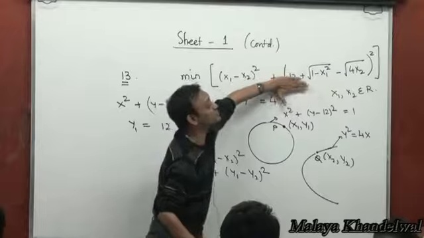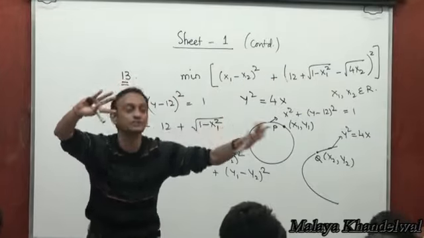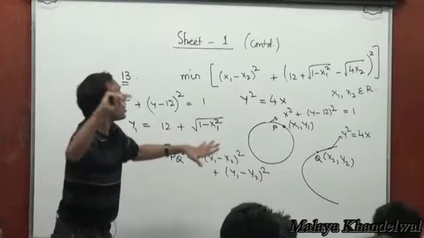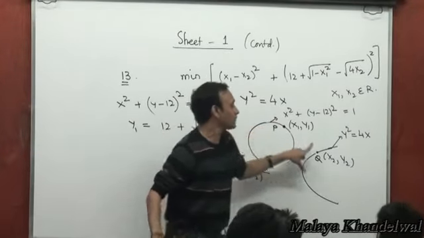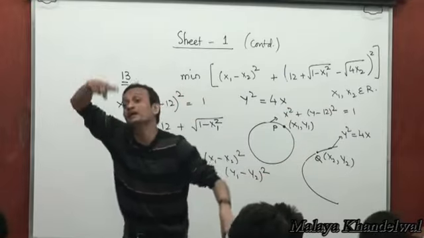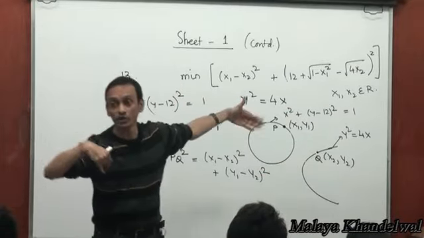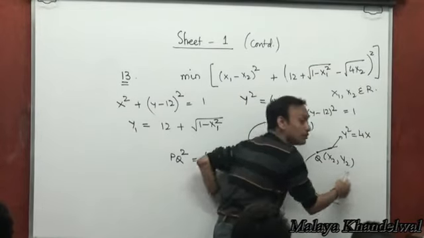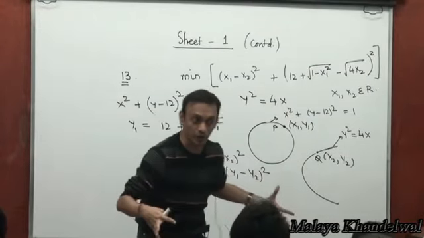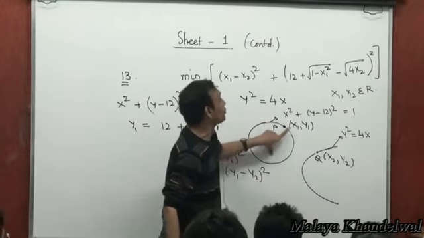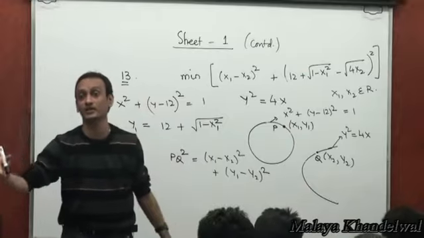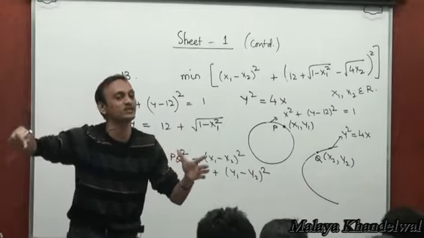So then what does this expression represent? This expression represents the square of the distance of any point on this circle and any other point on the parabola. Now you can have different x1, y1s on the circle and different x2, y2s on the parabola. So depending on which x1, y1 and which x2, y2 on the circle and the parabola you have selected, you want to minimize this distance PQ.